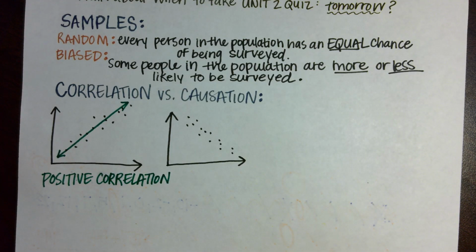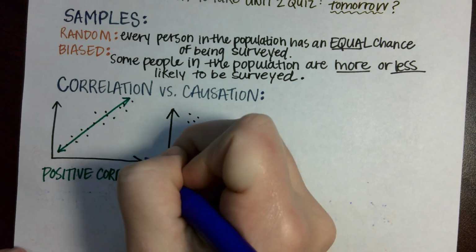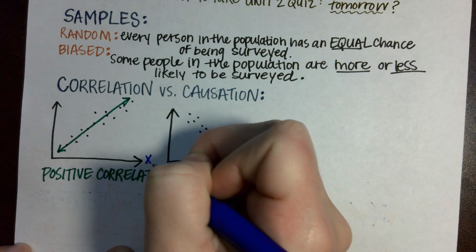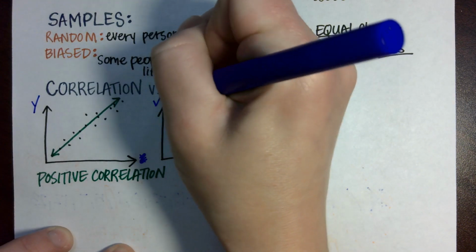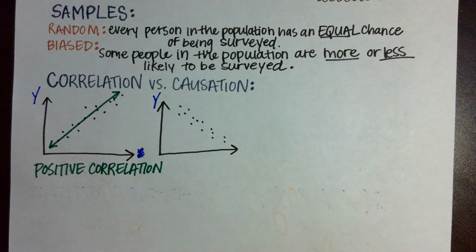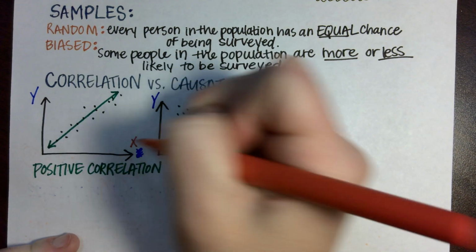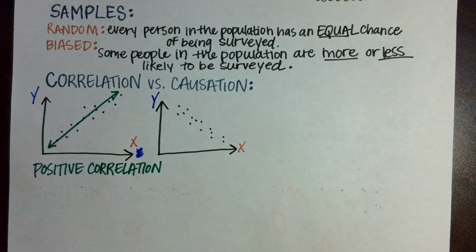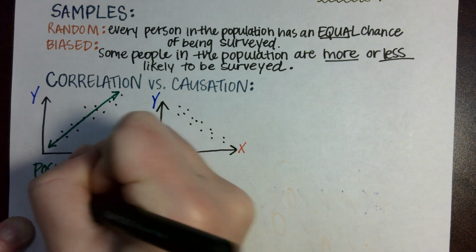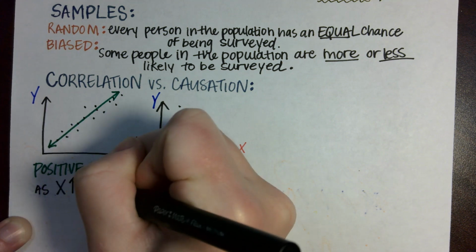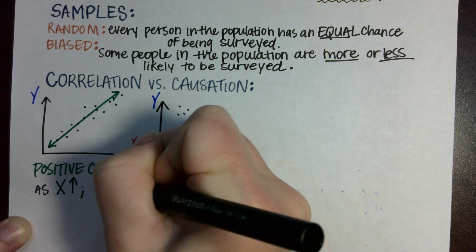And I'm going to actually label my x and y. Oh my goodness. Wrong color. So I'll say as x increases, y increases.